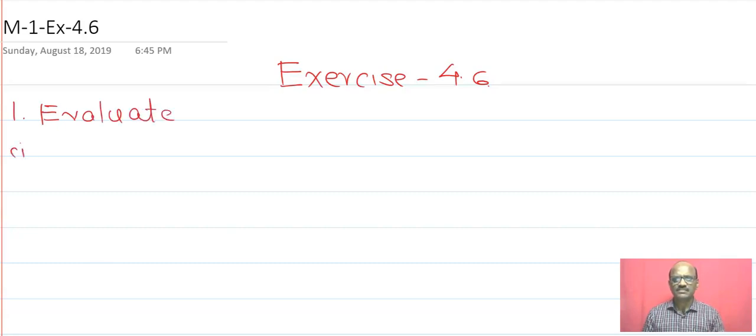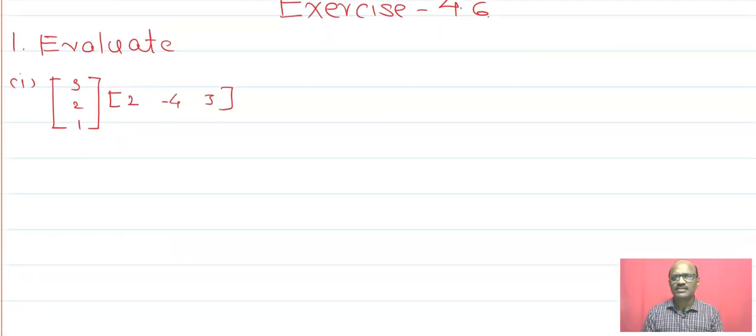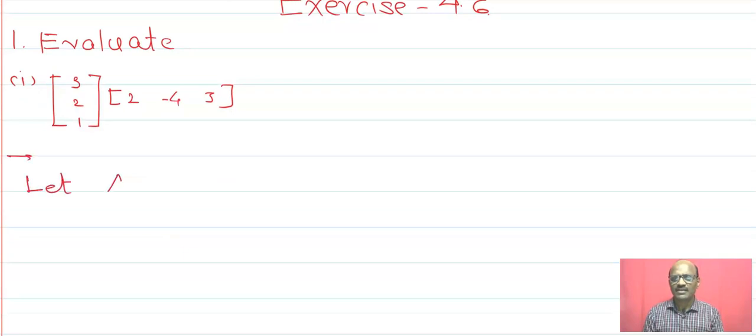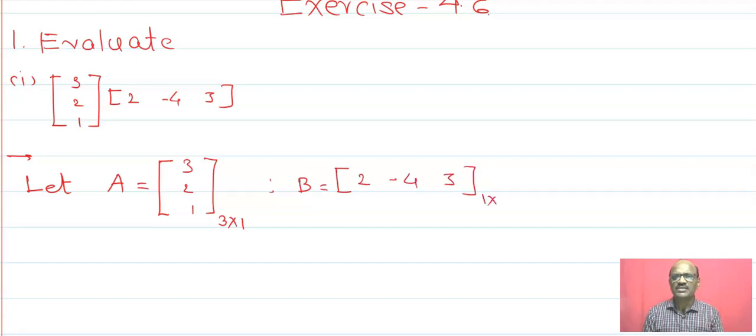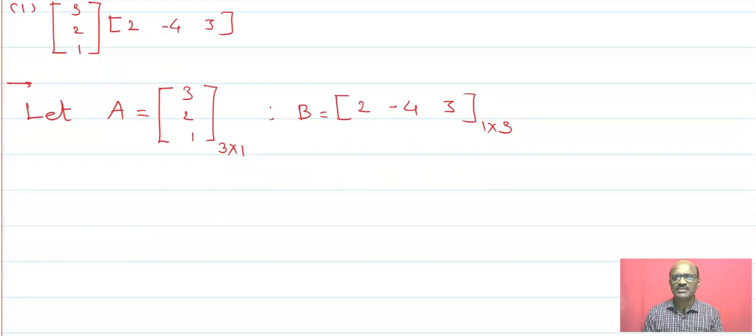Evaluate. The given first matrix is of the order 3 by 1 and the second matrix is of the order 1 by 3. Now see this, A is of the order 3 by 1, 3 rows and 1 column, and B is of the order 1 by 3.